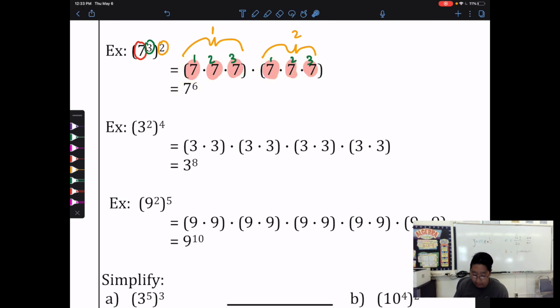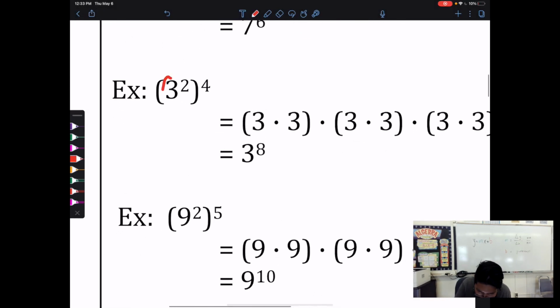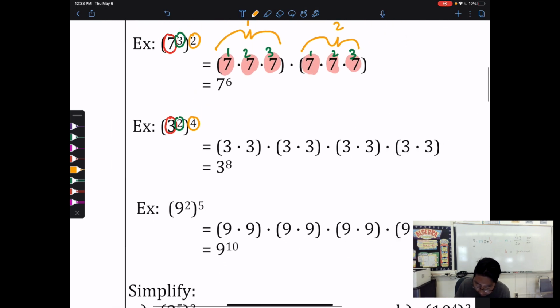Okay? Let's go ahead and take a look at the next one. Inside the parentheses, what's our base? 3. What's our exponent? 2. And that's all raised to the 4th power. So there should be inside the parentheses, 3 to the 2nd power. You can see 3 to the 2nd power inside the parentheses.